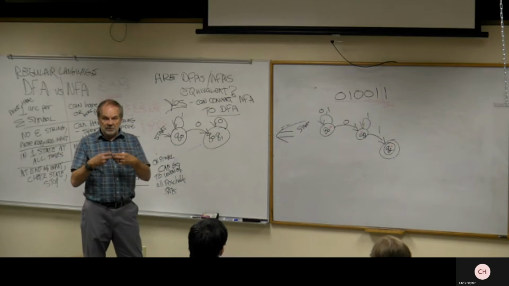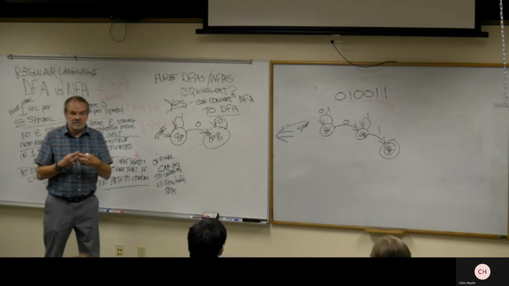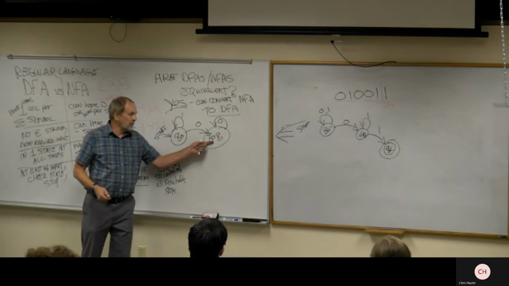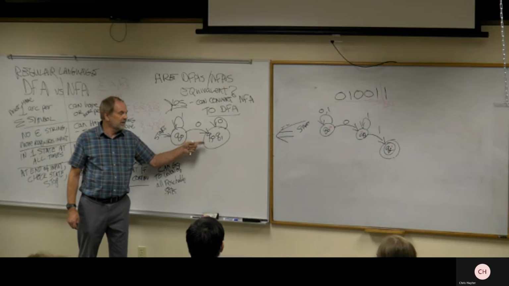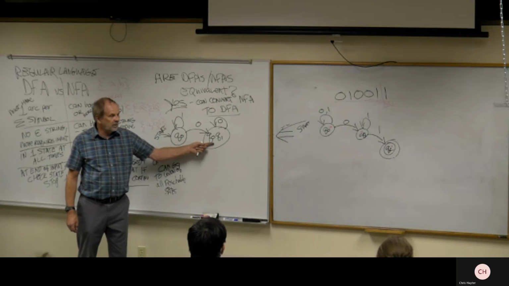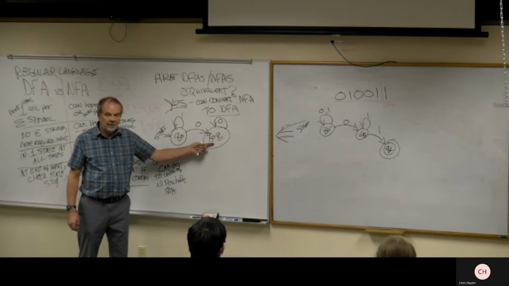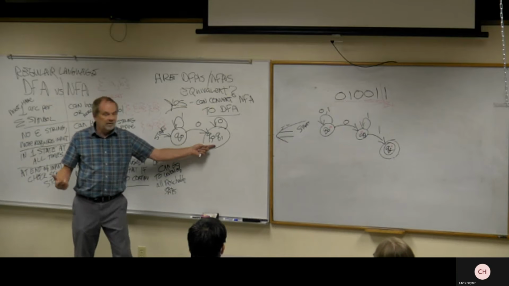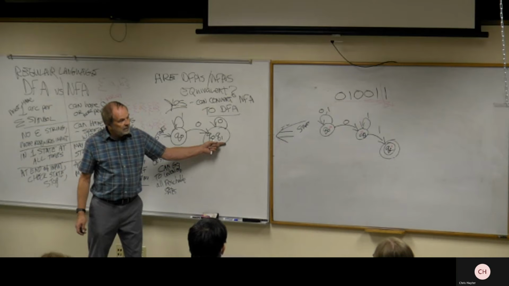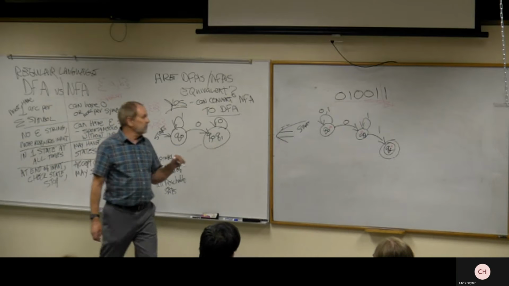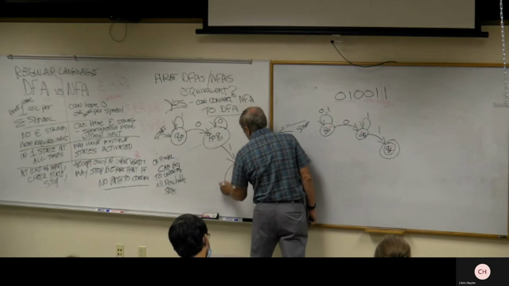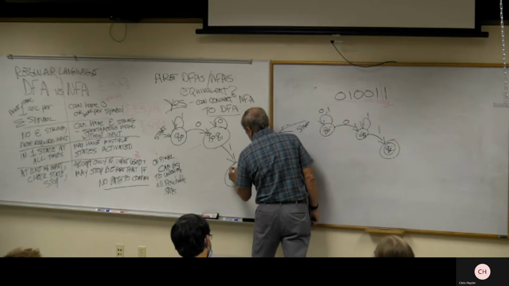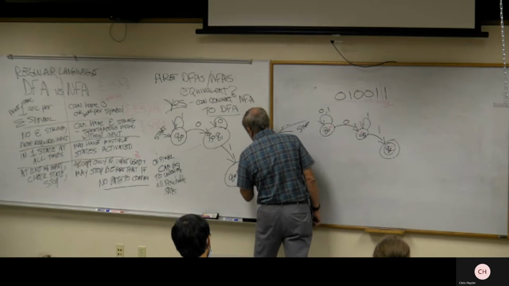We have to take the union of both of those: all the places I can get from Q0 on a 1, which is Q0, union with all the places I can get from Q1 on a 1, which is Q1, Q2. That gives me a new set of places to go. This is Q0, Q1, Q2.